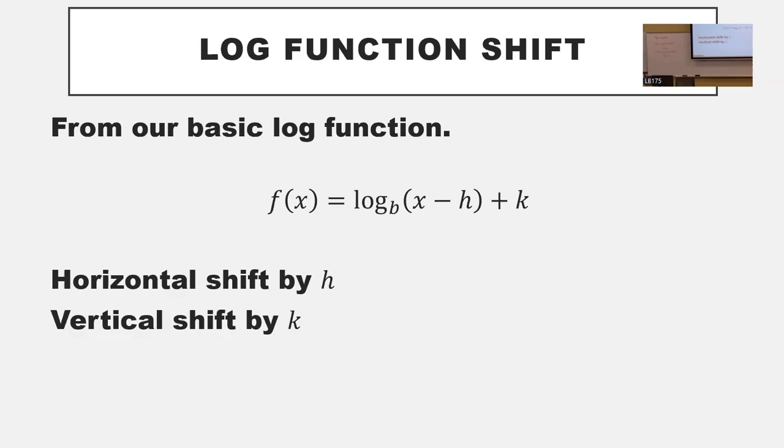K is negative, it moves down. If h is positive, it moves to the right. If h is negative, it moves to the left. That's with x minus h as our value there. So we can vertically shift and horizontally shift.